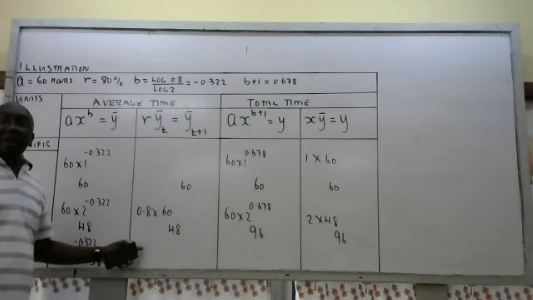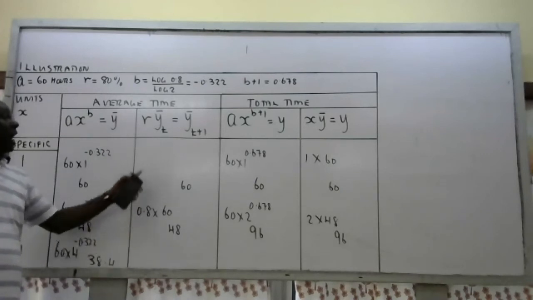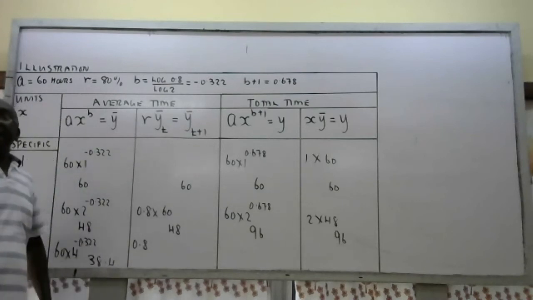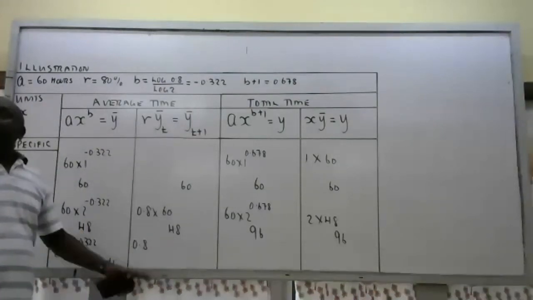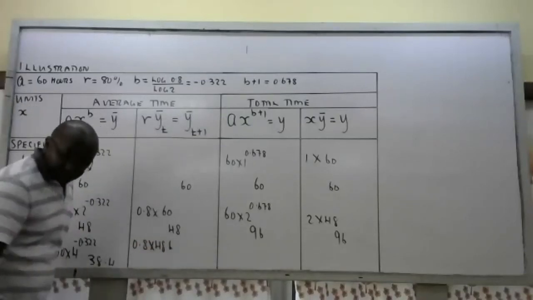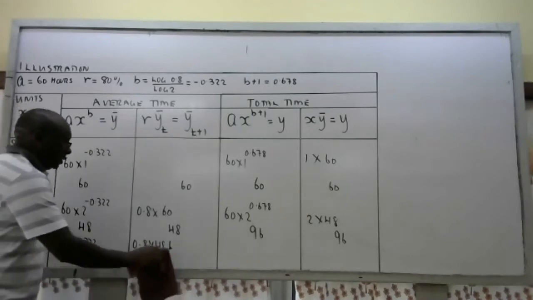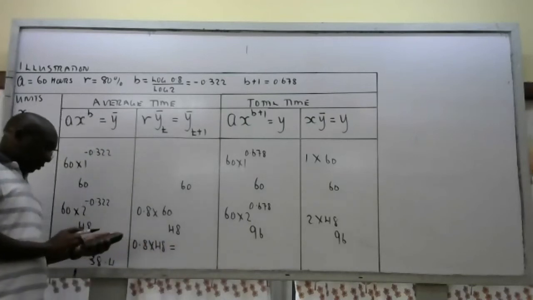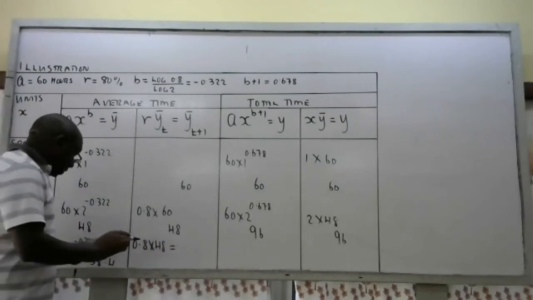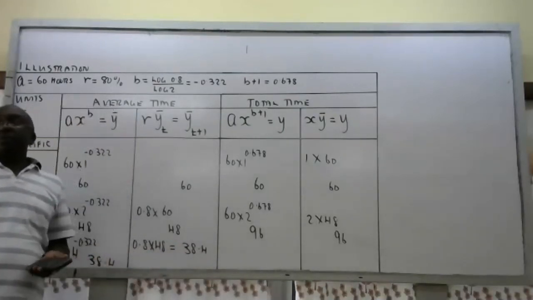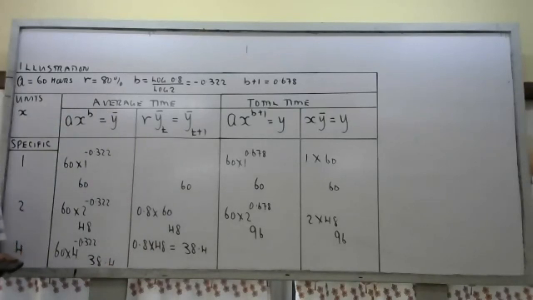Then this one, according to this formula, you take R, which is 0.8, and multiply by the preceding. The preceding is 48. So 0.8 times 48 is 38.4.